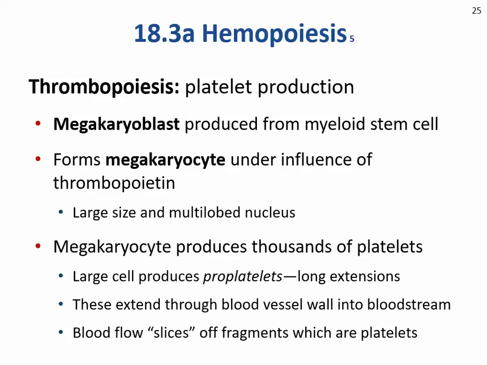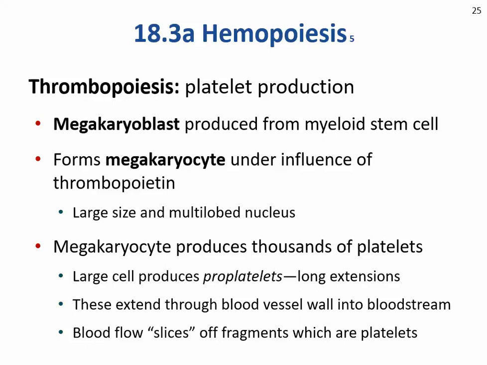The megakaryocyte produces all kinds of contractile elements and different proteins that are used in platelets. They make these extensions filled with this stuff that are called protoplatelets.